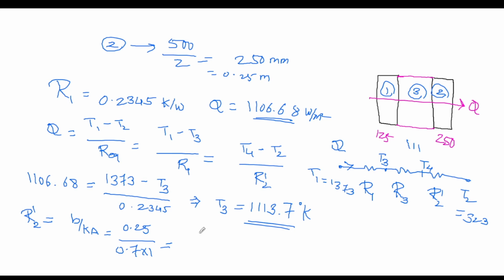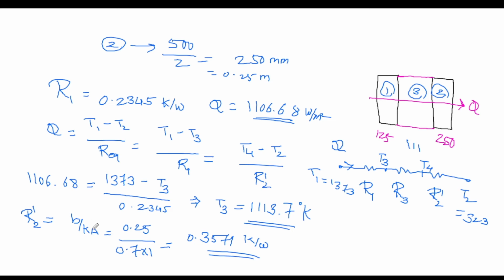So we will get R2 dash as 0.3571 Kelvin per watt.